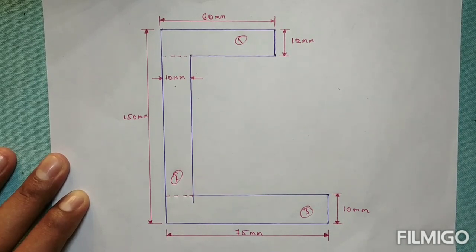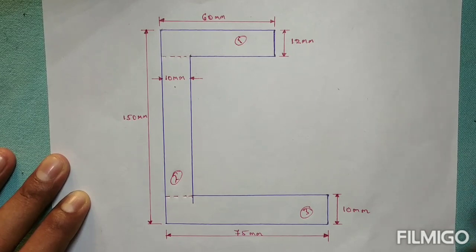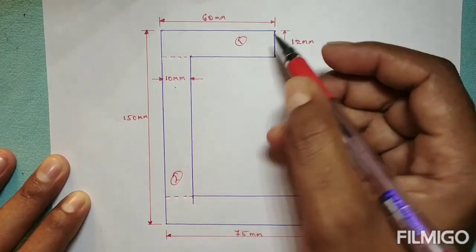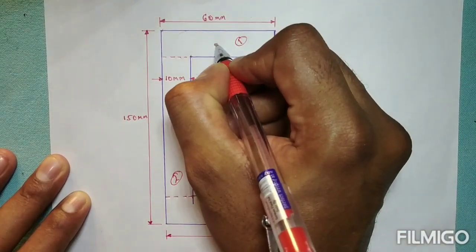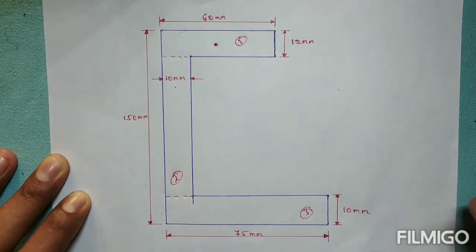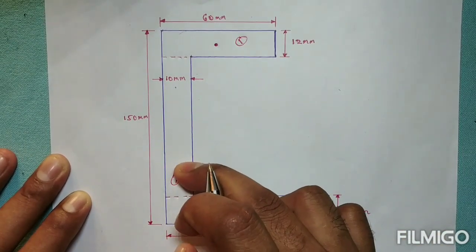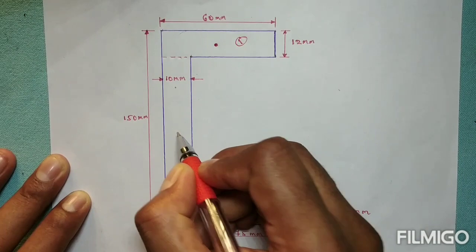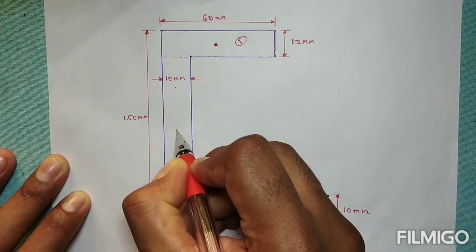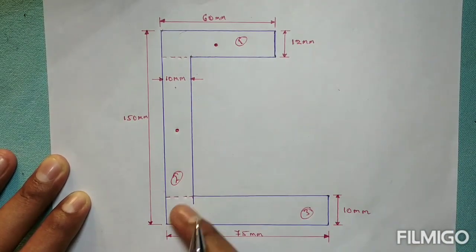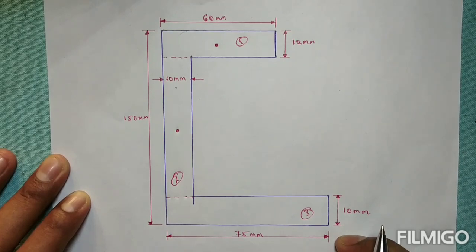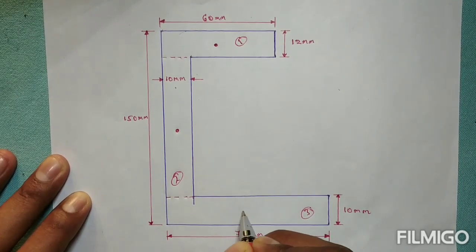Also I have to mark the center of gravity of each component. The first one is a rectangular section, so the CG will occur exactly here. The second component is also a rectangular section, so the CG will occur exactly here. Similarly the bottom flange is also a rectangular section, so the CG will occur here.